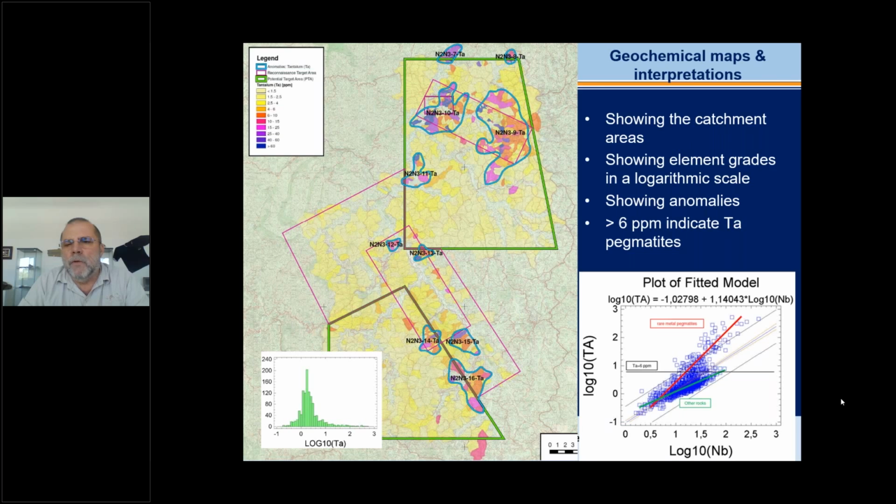Usually in normal rocks, the ratio of niobium to tantalum is 20:1, but in these pegmatites it is 1:1.